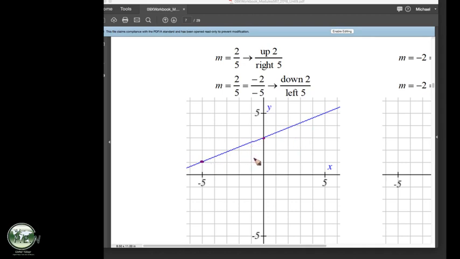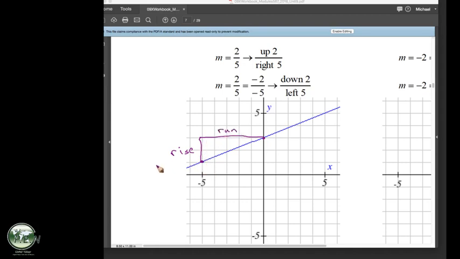And so now I can calculate slope. I can go rise over run. We call that the change of y, which is the rise. So I go up till I hit here, and then I count my run.